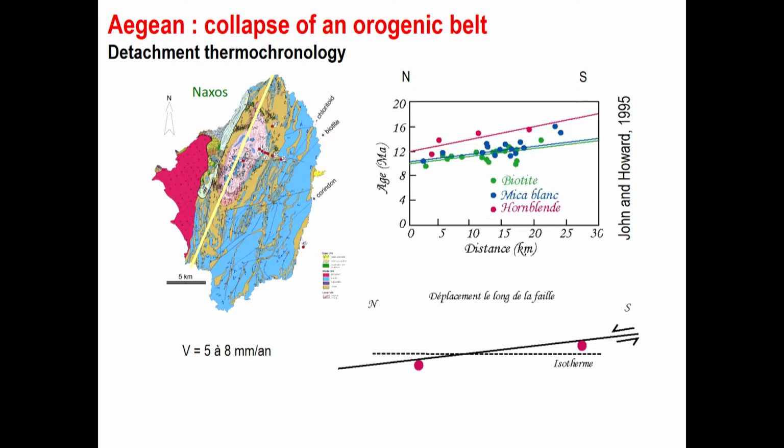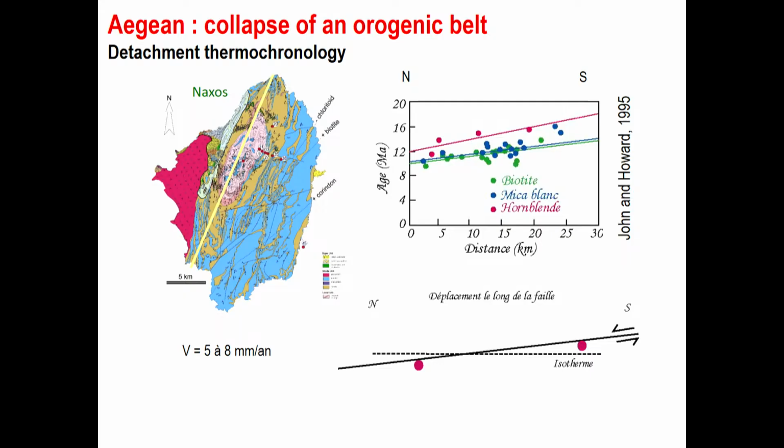Okay. So here is a section that has been done parallel to lineation, perpendicular to the detachment, in order to check from south to north what is the history of cooling and exhumation, making the assumption that cooling is related to exhumation, with material points going closer to the surface.